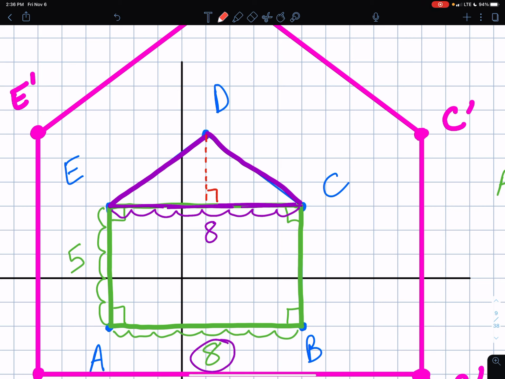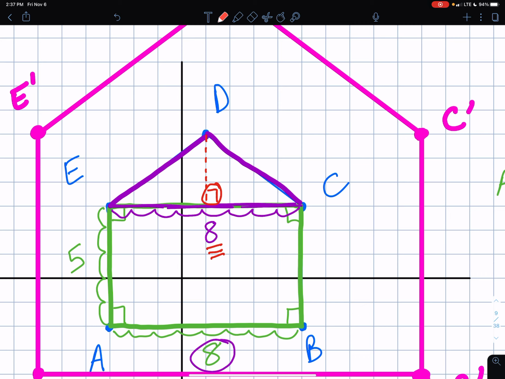That's what we consider our height, because from the base to that top point D, that's the highest this triangle gets. Because that line is perfectly vertical and the base where our 8 is is perfectly horizontal, those form our 90-degree angle.